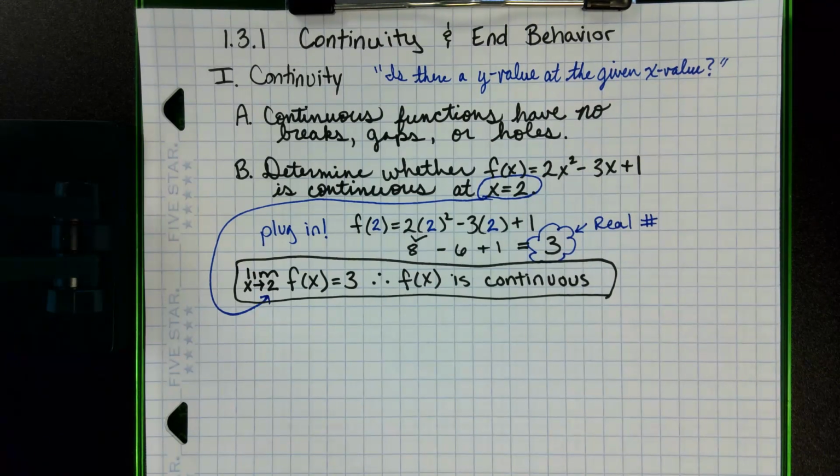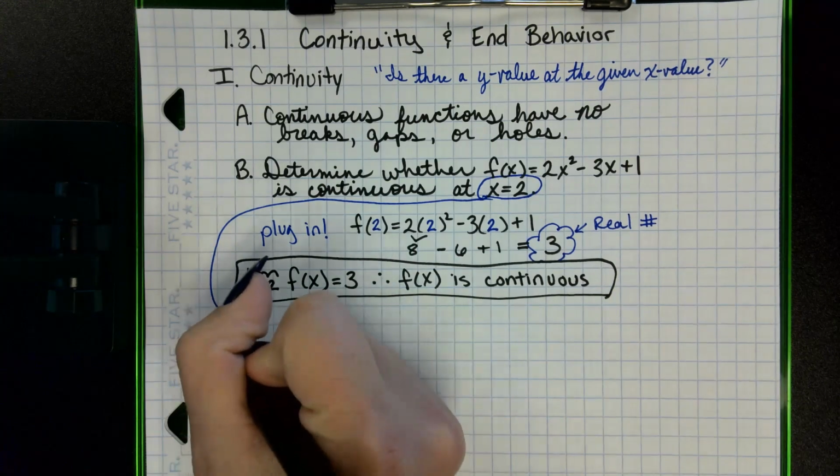If it was an imaginary value, then it would not exist, right? I can't graph an imaginary number on the xy coordinate plane because those are imaginary. But if it's real, then I can graph it. All right, so that's the first part, continuity.